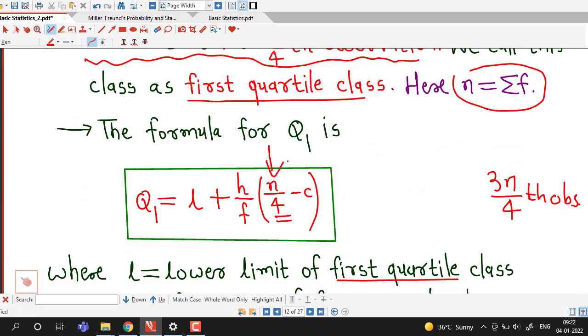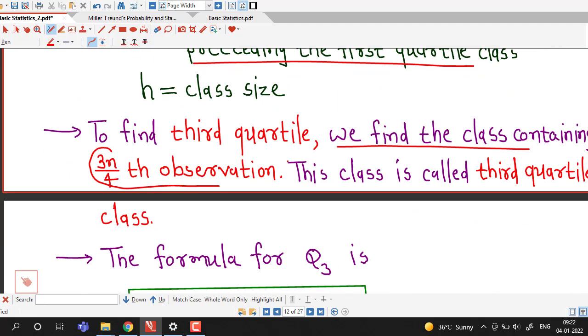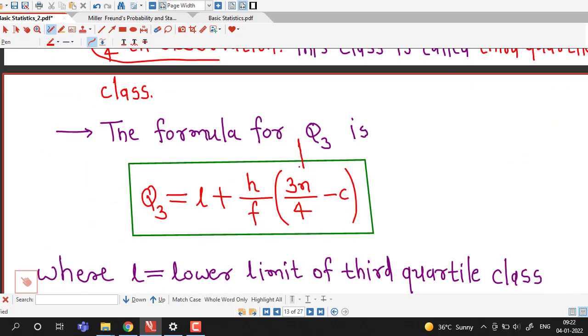Here we have N by 4 for first quartile, and here we have 3N by 4 for third quartile. For second quartile or median, we will have N by 2.